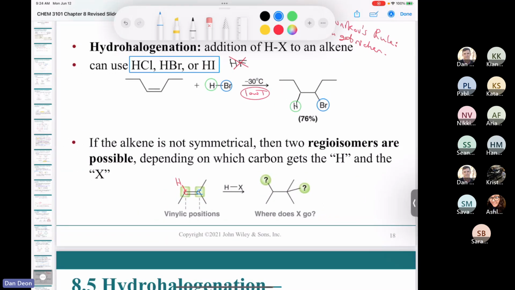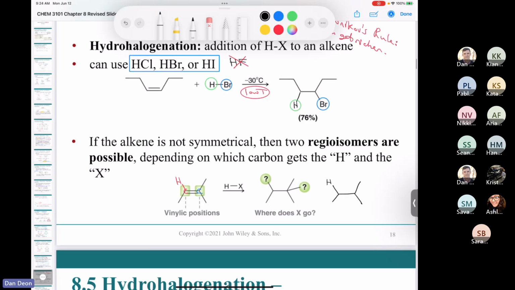The other carbon takes the other group. So if this was HX, the major product, what we call the Markovnikov product, would be this, where this carbon takes the hydrogen and the other carbon takes the X.